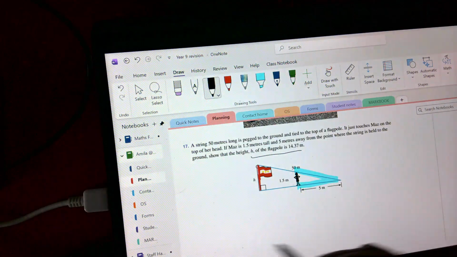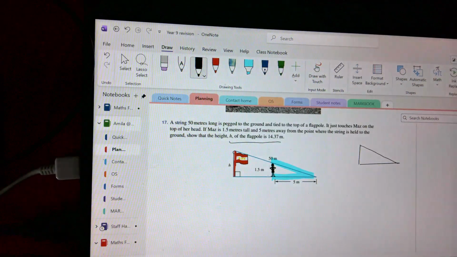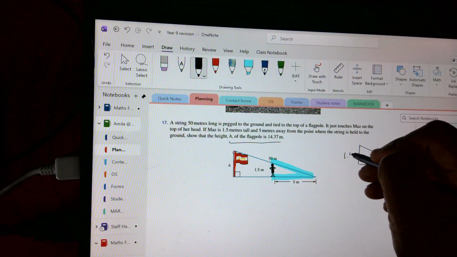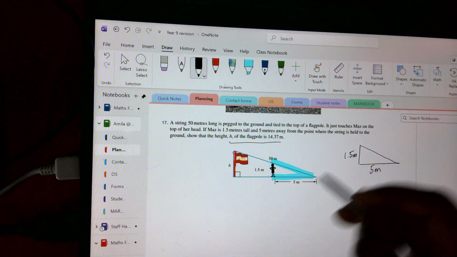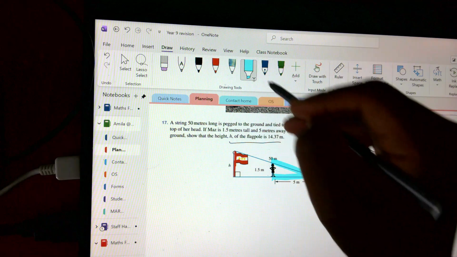I'm going to draw that. So here's the little triangle. This distance is 5 meters. This is 1.5. If there's a right angle there, there'll be a right angle here because they're similar figures. And then I've got the big triangle.